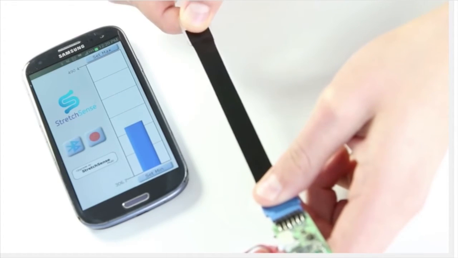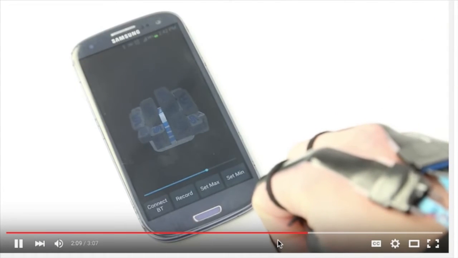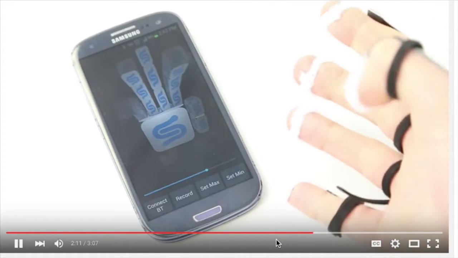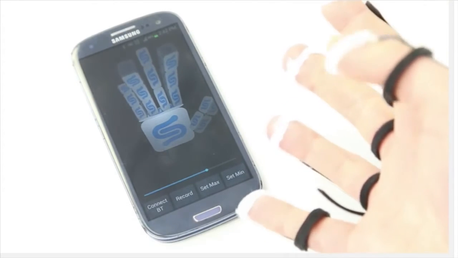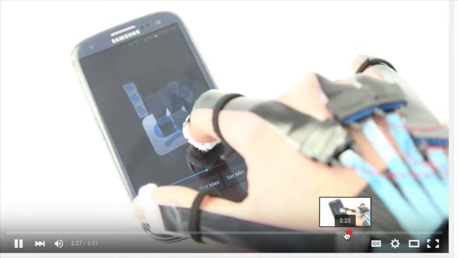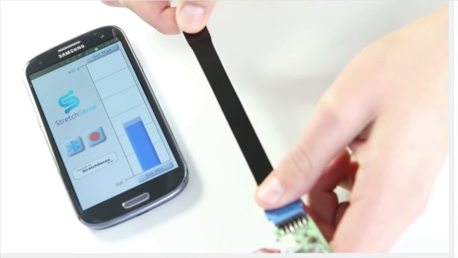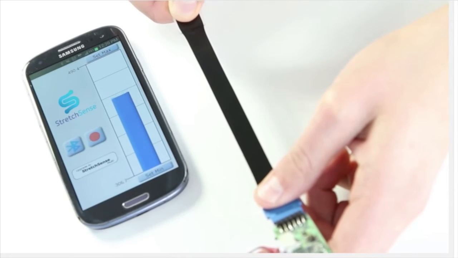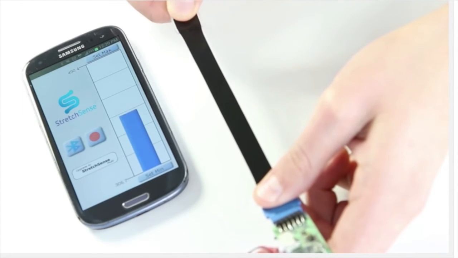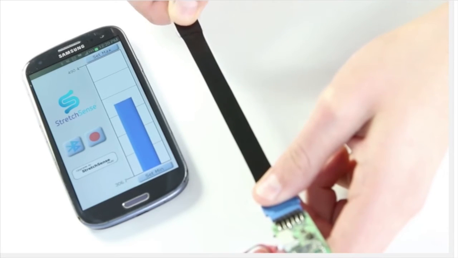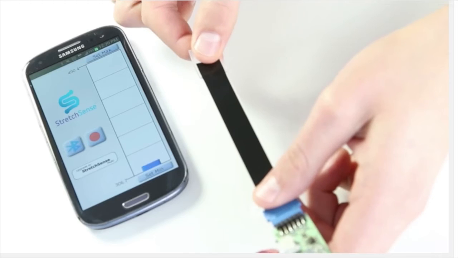It arrived a few years ago in the form of stretch sensors, and already you can buy a stretch sensor online. Using this device, which will set you back about $800 roughly at the moment, I think $800 US, you can obtain immediate data feedback via Bluetooth on your smartphone or tablet.